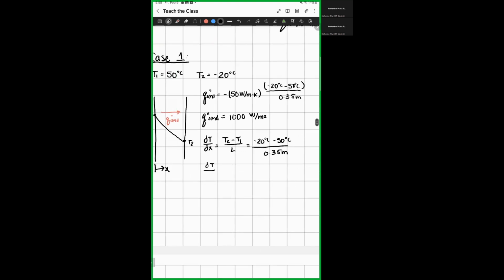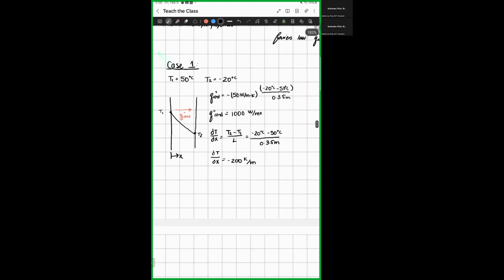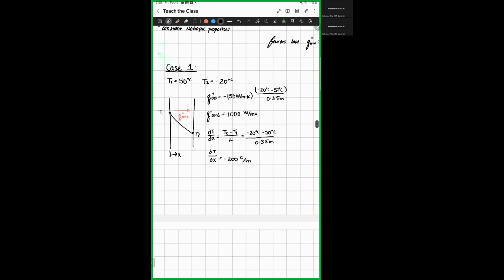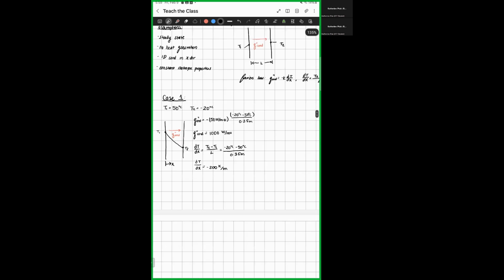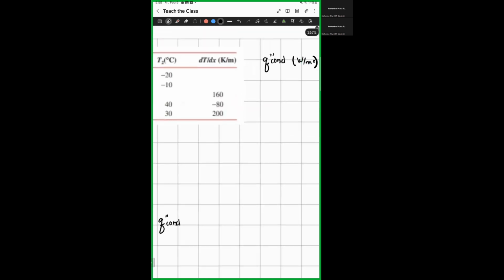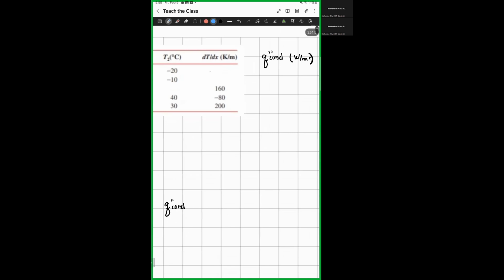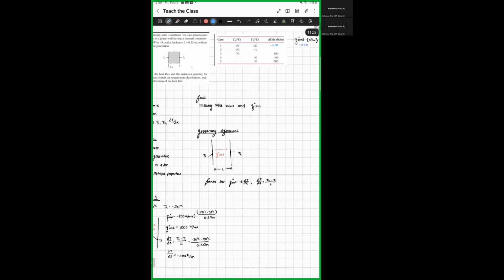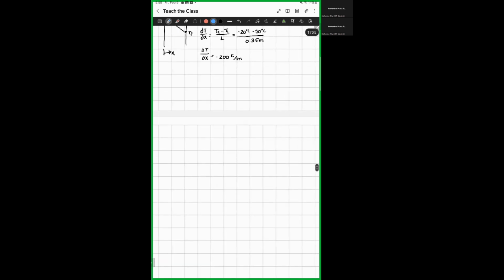So dT/dx equals negative 200 Kelvin per meter. And again, this makes sense because we're going from a higher temperature to a lower temperature in the positive x direction, so that would be a negative slope. So we can just fill in our chart up here. That was negative 200. This is 1,000. Okay, so moving on to case 2.